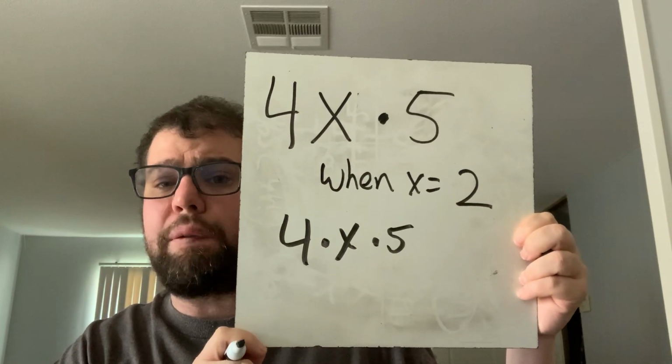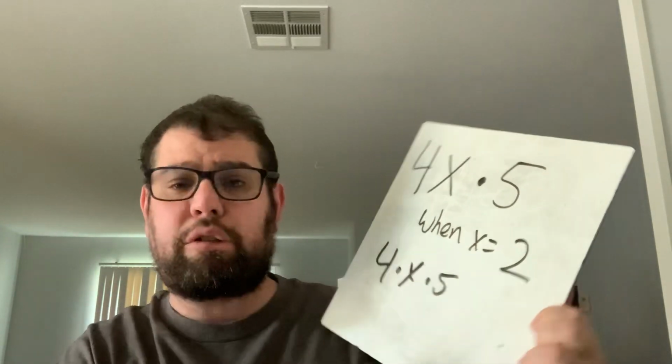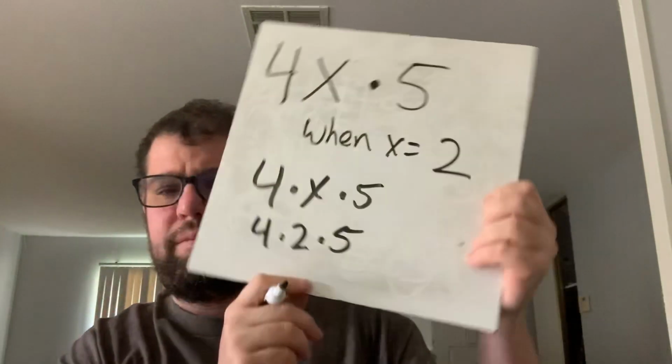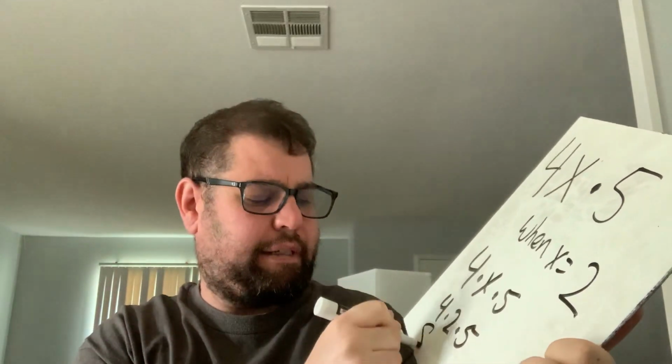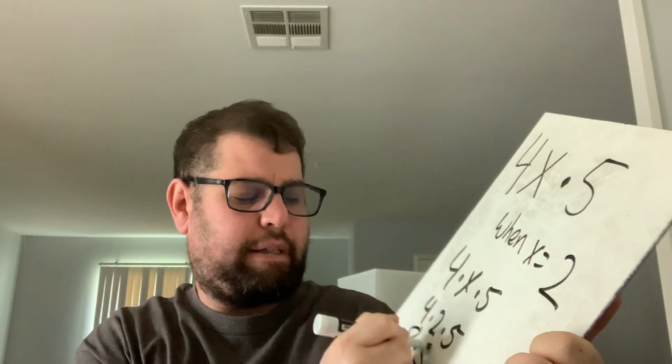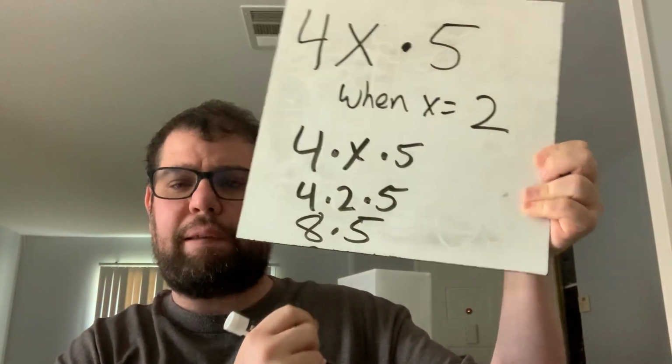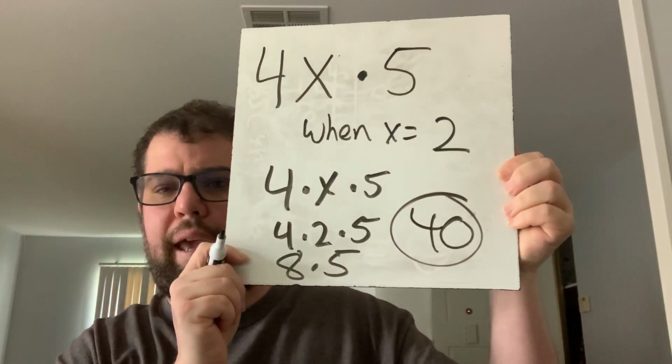I'm then going to plug in. They told me x equals 2. So that's 4 times 2 times 5. 4 times 2 is 8. And 8 times 5 is 40. And that's how I get my answer.